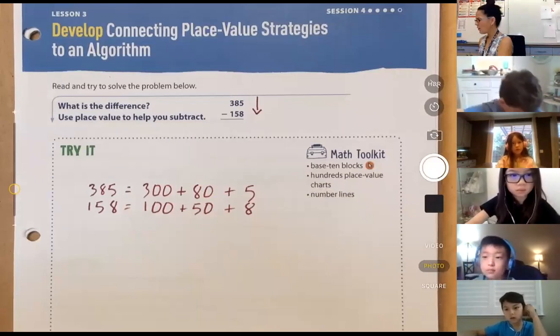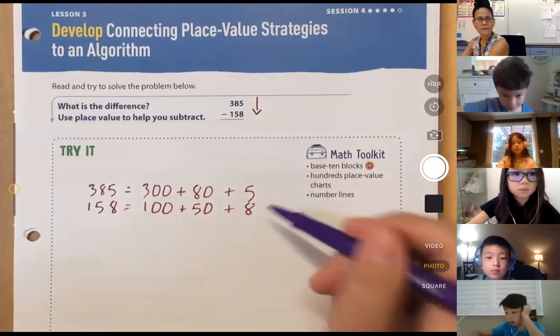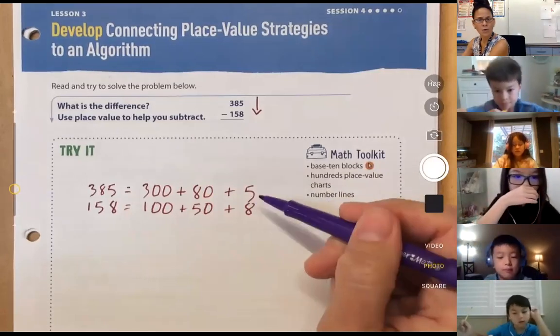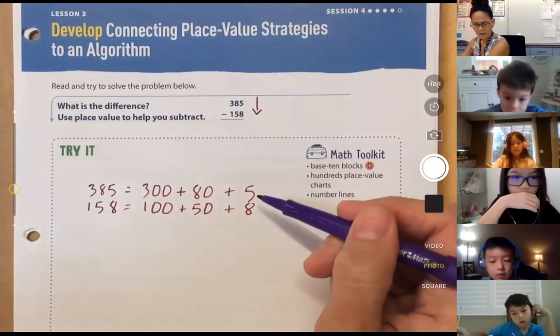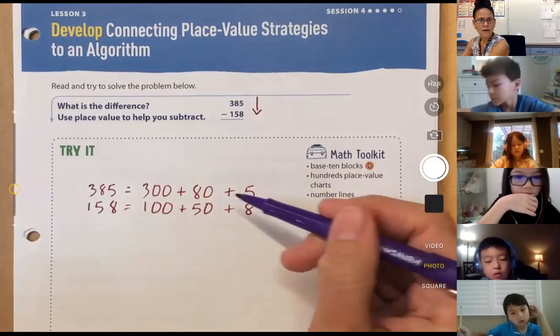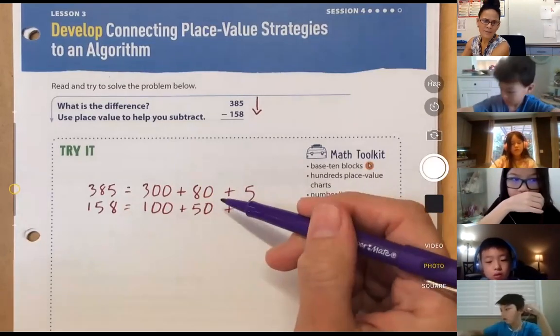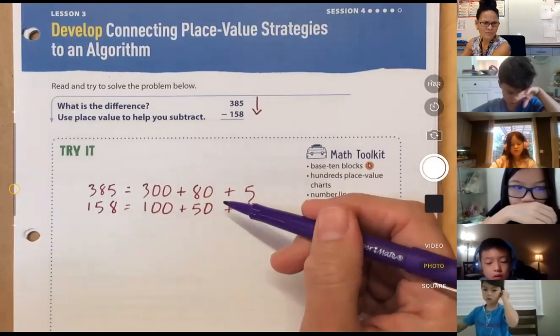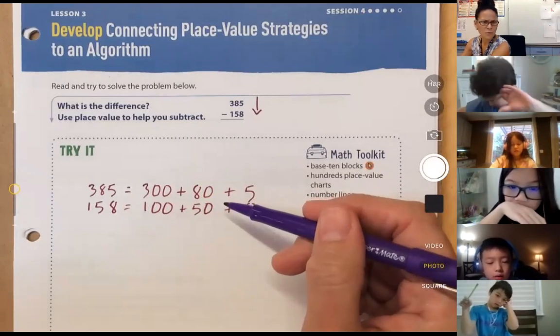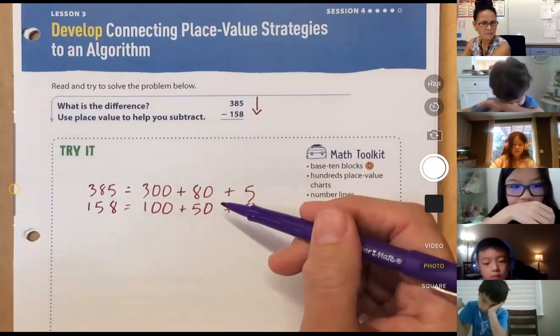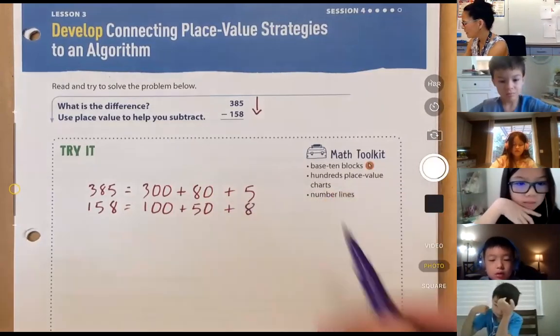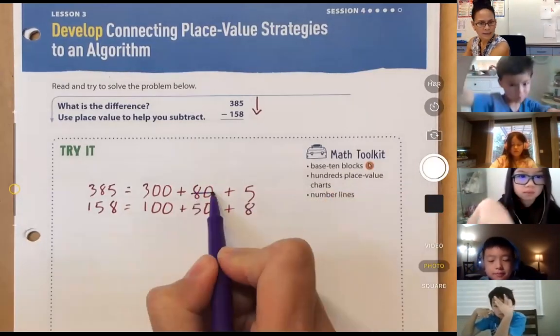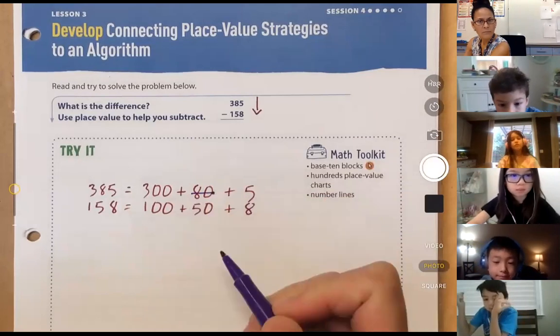So I know, again, I can't take that 8 away from 5. I do need more ones. So this is what I'm going to do. I'm going to go next door to the neighbor over here. I'm going to see what they got. I'm going to take some from the neighbor, regroup it, mix it up a little bit. So my neighbor has what I need.